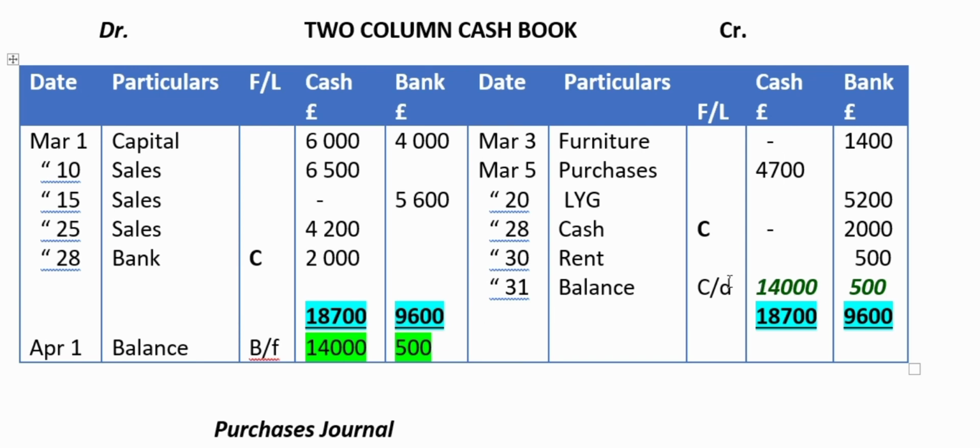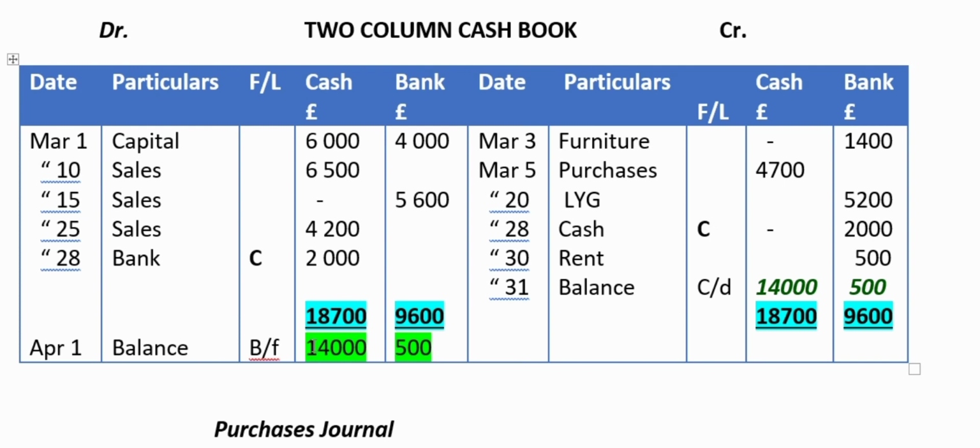Now these balances that we have, March 31st, balance carried down. So this amount carried down will be taken to the next month. We show these as balances. Our balances are 14,000 in the cash column, and we also have 500 in the bank account.